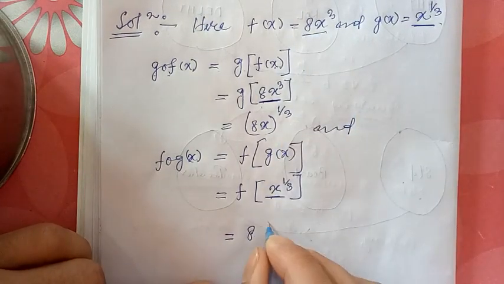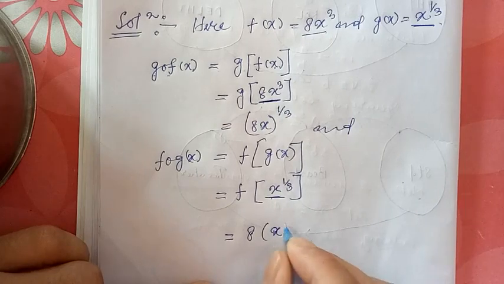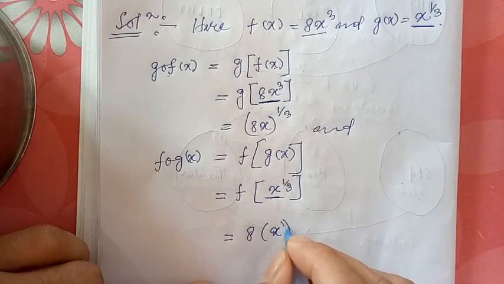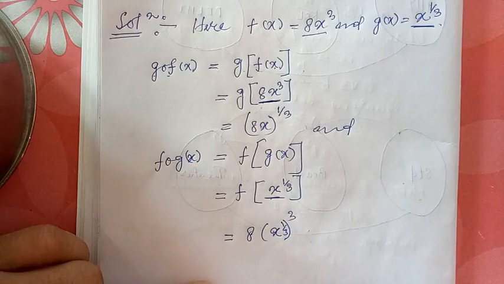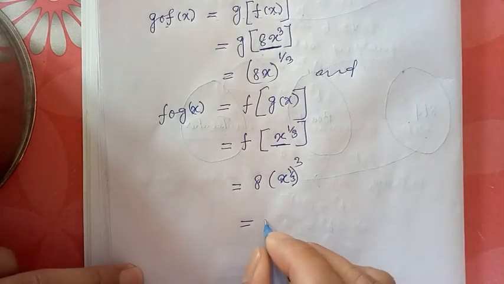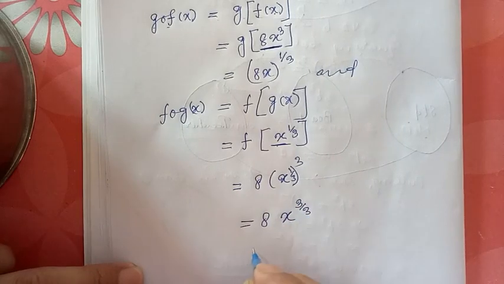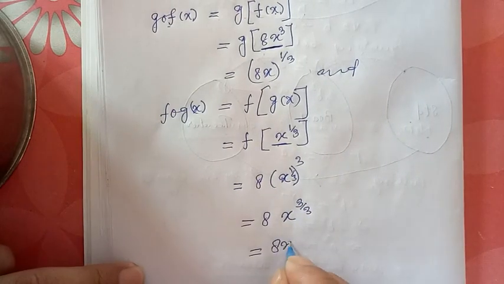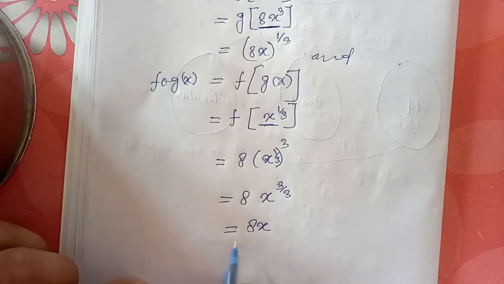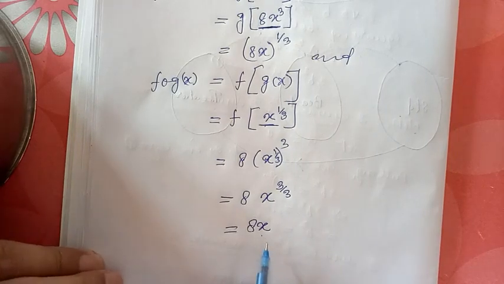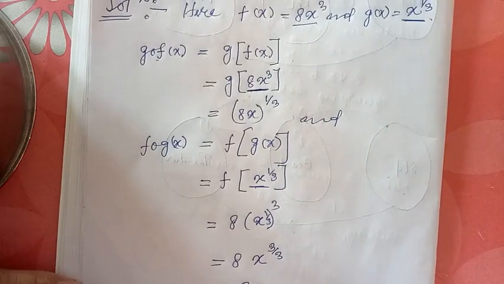Now 8 times x to the power 1/3, cubed, is written as x^(3/3), which is equal to 8x. Okay, we get 8x.